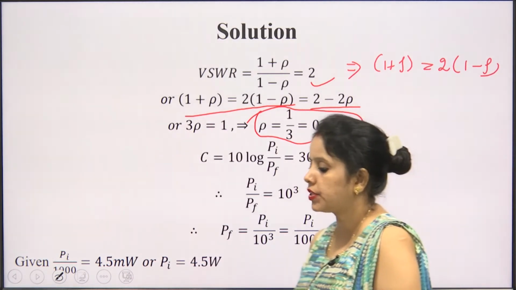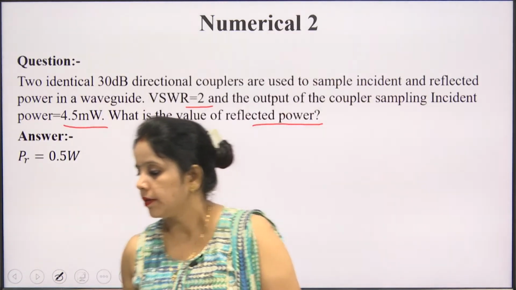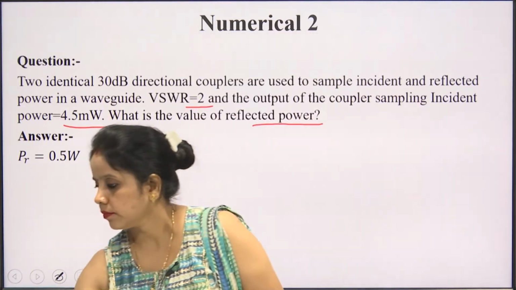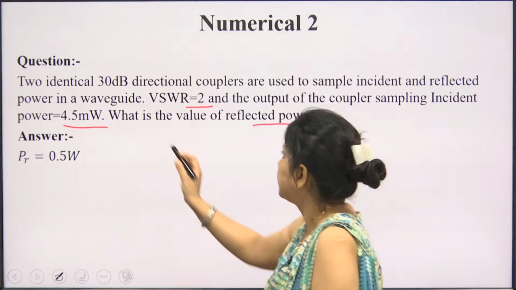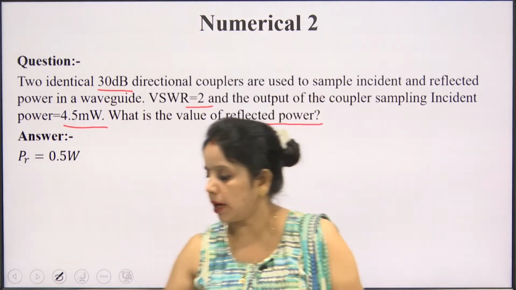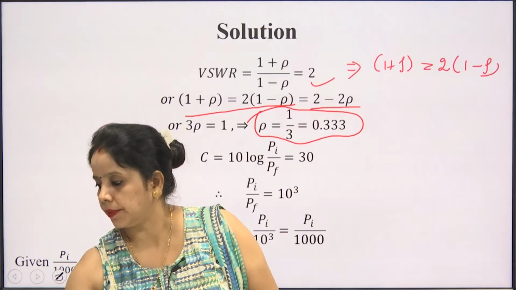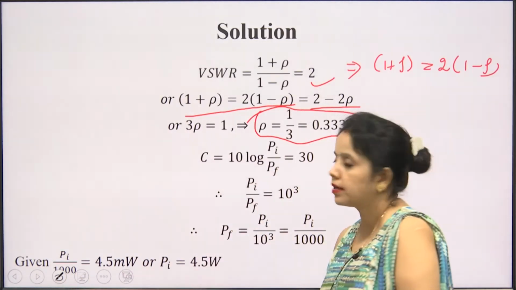And now the second thing which is given here, that is a 30 dB directional coupler. That means the coupled output should be equal to 30. So, that thing is used here.